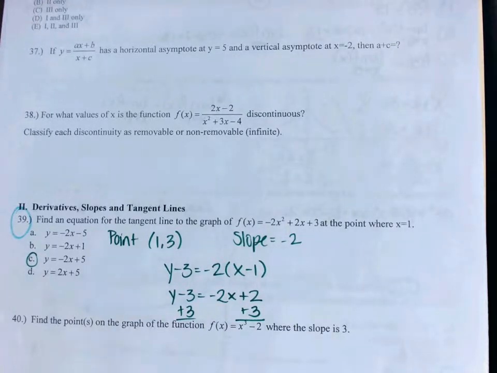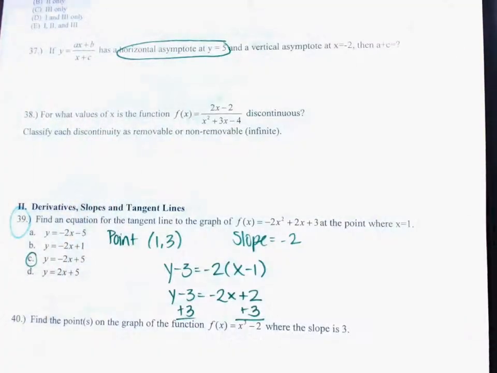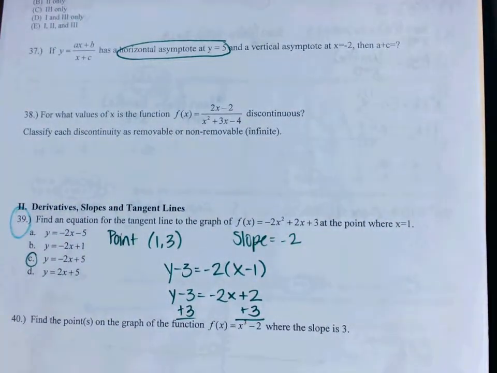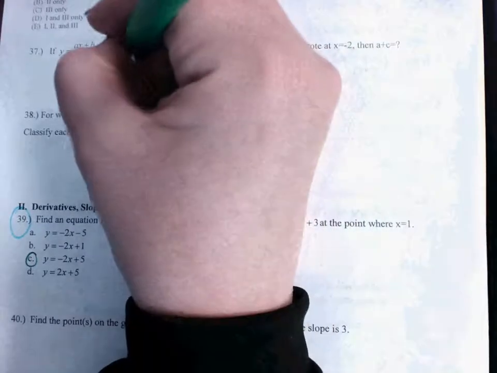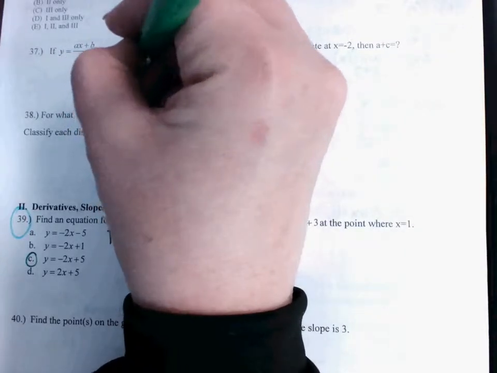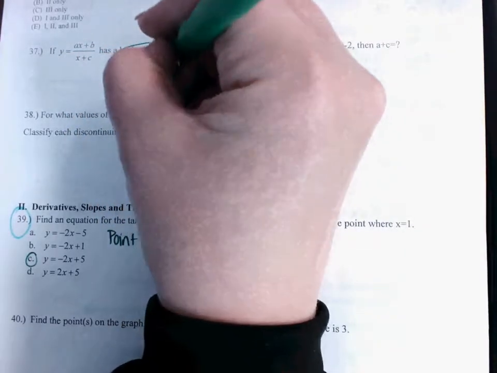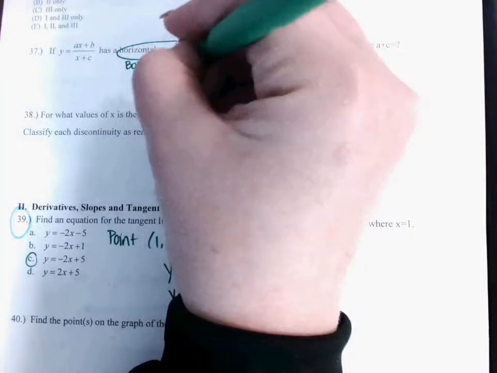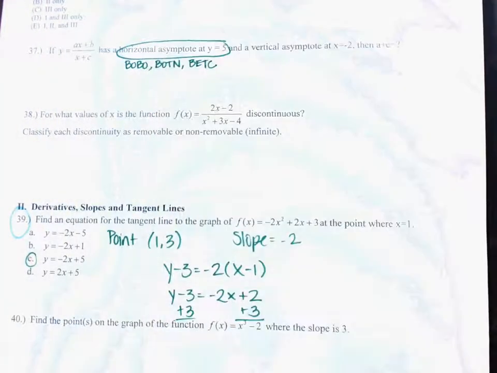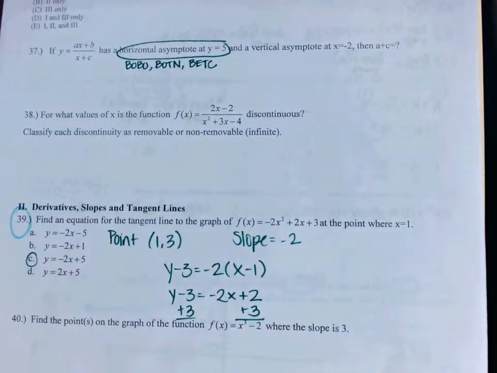Okay, look at it. If I have a horizontal asymptote at 5, how do you find horizontal asymptotes? It's a set of rules. Horizontal asymptotes are Bobo, Botten, and Betsy.